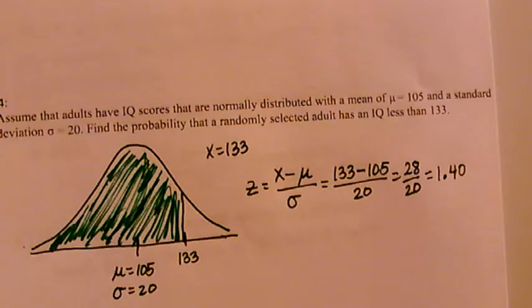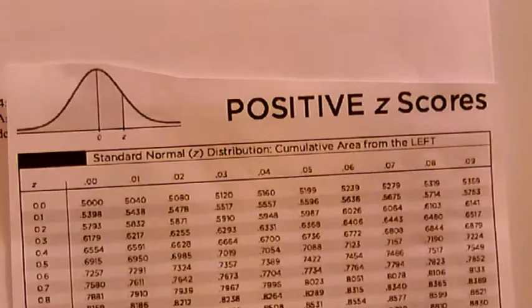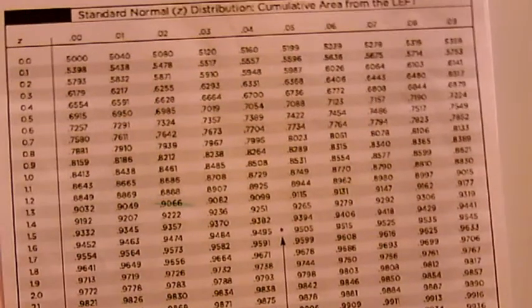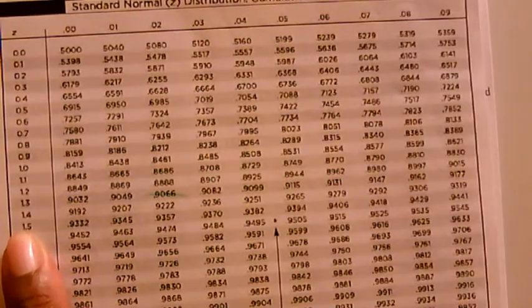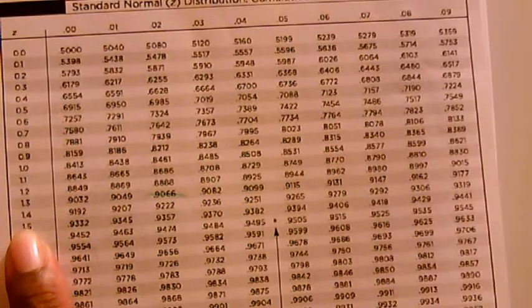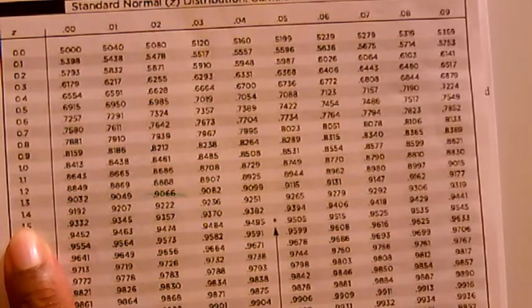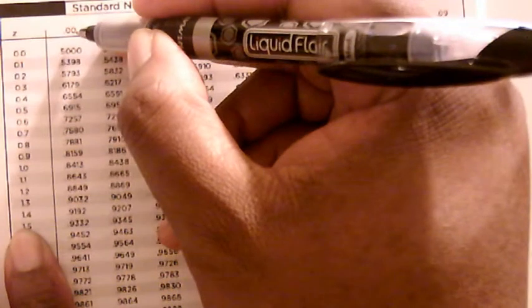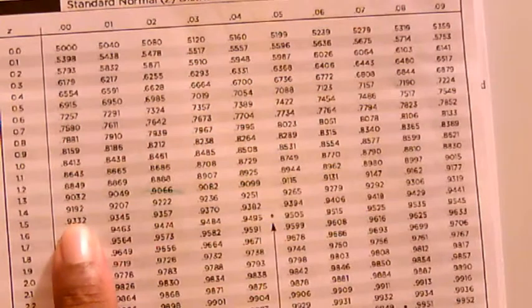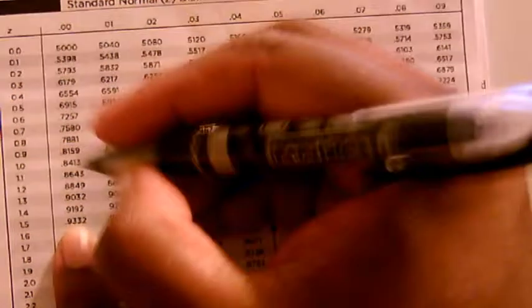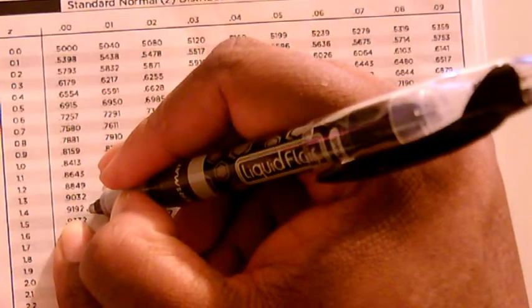Okay. Now I can go ahead and use table A-2. Well, 1.40 is positive, so I'm using positive z-scores. That's this table here, or the standard normal distribution. Because remember, with the table that we're using in this case, we have one for positive z-scores and another one for negative z-scores. The 1.4 is the one on the left. For 1.40, we have to look under this column for 0.00. So we cross 1.4 and 0.00, you will get 0.9192.